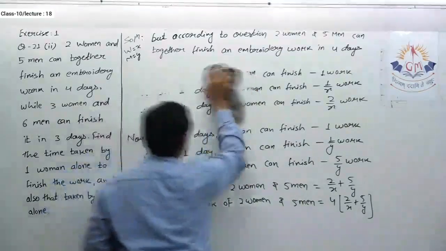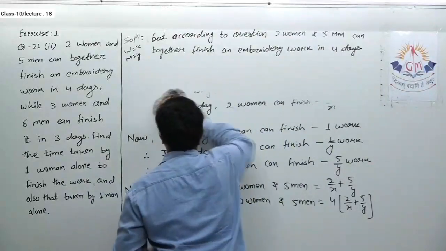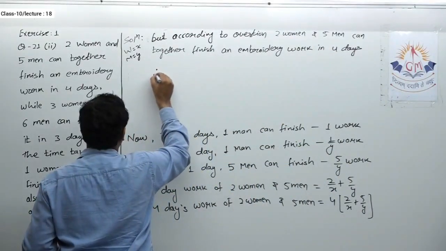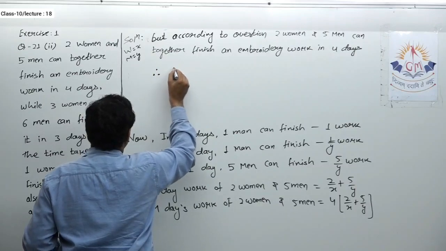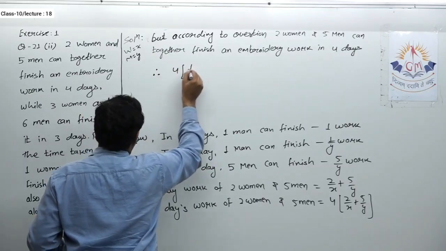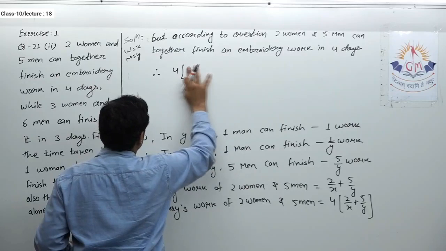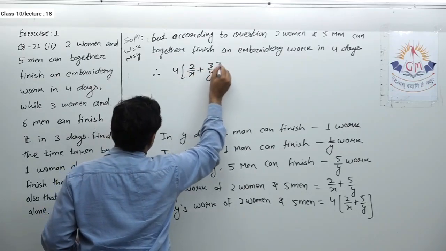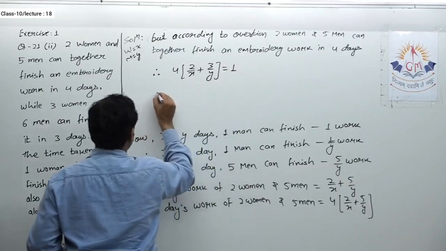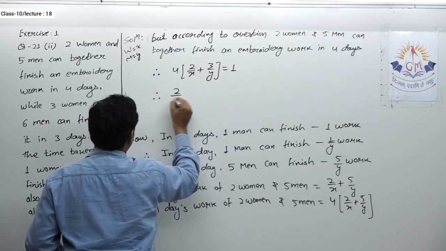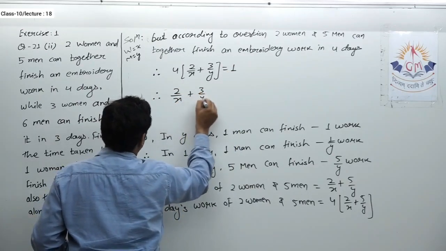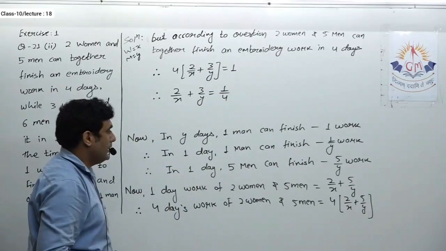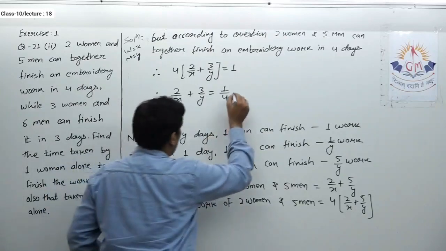Therefore, I can write, therefore, 4 multiplied by 2 upon X plus 5 upon Y is equal to 1. Therefore, 2 upon X plus 5 upon Y is equal to 1 upon 4. So this is my first equation.